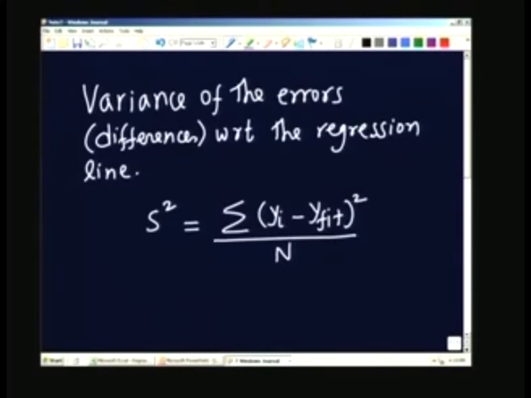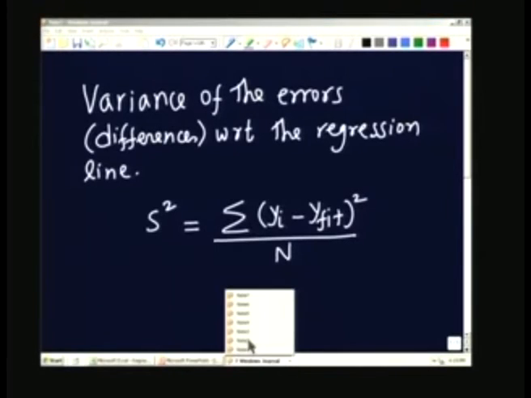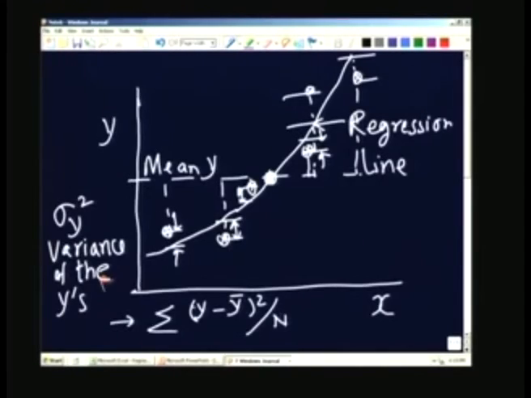So, we see that we have defined a variance of the y's given by sigma y squared, which is given by this formula here. This is sum from 1 to n of y_i minus y bar whole squared divided by n, and y bar is of course sigma y_i divided by n.